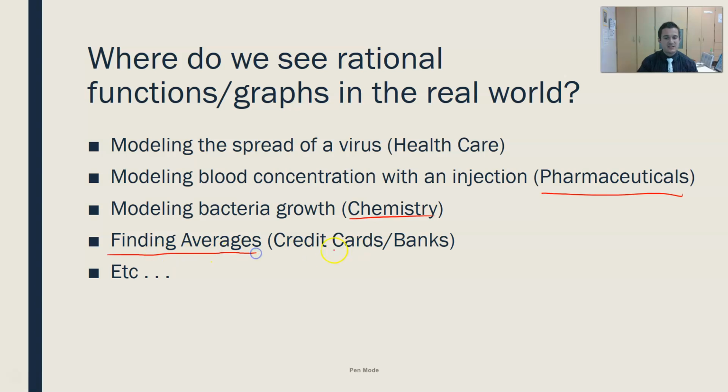Finding averages, lots of credit card companies and banks use rational functions to determine payments and determine interest and things like that. And the list goes on and on. We could talk about where you're going to see rational functions all over the place, but those are some examples that you'll see rational functions being used in the real world. And we'll talk about some specific examples in some of these areas later on in this unit.